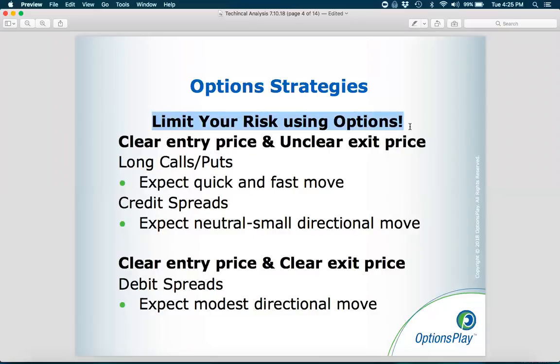And the great thing about options is that it really allows you to define that risk and reward before you get into a trade. That's not something you can do if you're just buying a stock or a future or a bond. You're exposed on both sides as to what your potential risks and rewards are. And that's really one of the reasons why I like trading options.